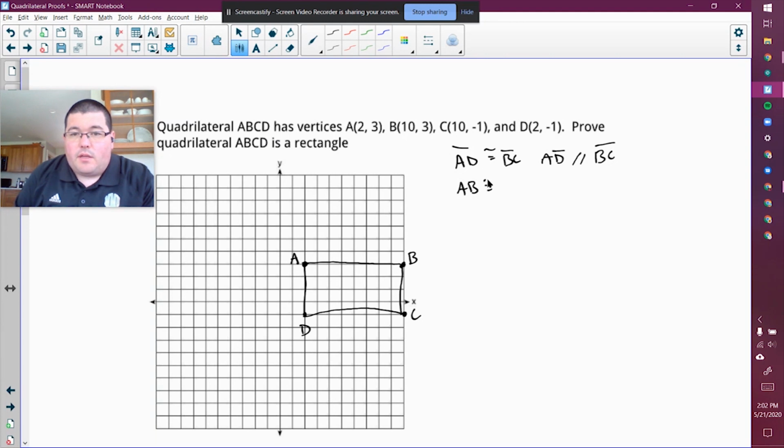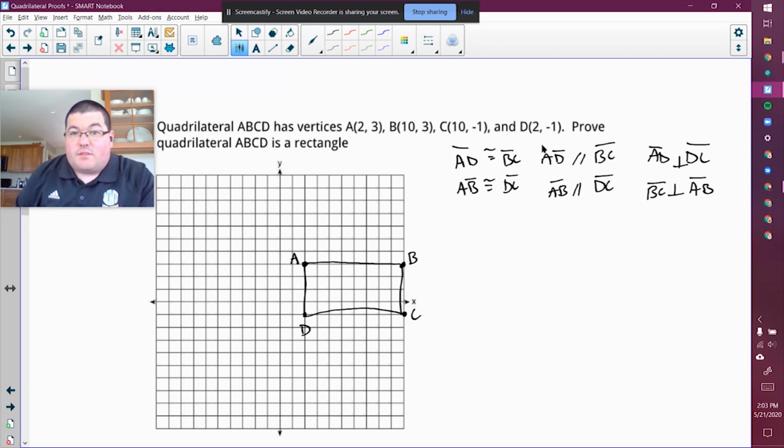AB has to be congruent to DC, and AB needs to be parallel to DC. But additionally, we have to prove that there's a right angle involved. And so when we're looking at these slopes, we also need to prove that AD is perpendicular to, say, DC, and that BC is perpendicular to AB. Any combination of these things would be sufficient.